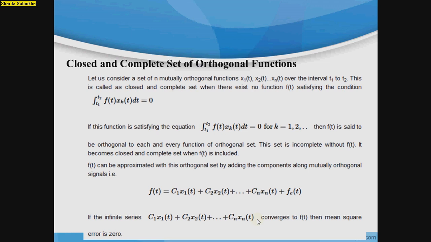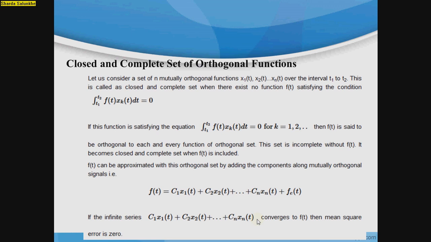If this function satisfies the equation integration over the period t1 to t2 of f of t xk of t dt is equal to 0 for k is equal to 1 up to n, then f of t is said to be orthogonal to every function of the orthogonal set.